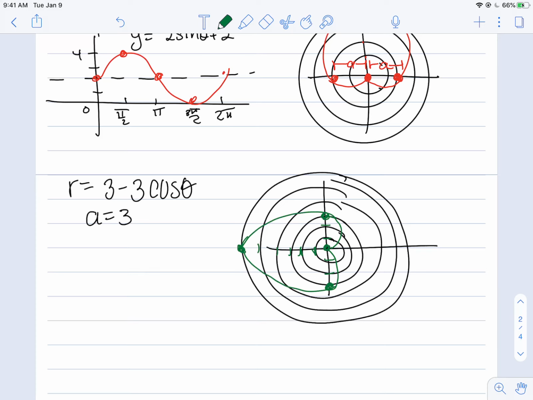Okay, so I don't really need a helper graph anymore because now I know the properties and where all these come from. It's not really heart-shaped, well, it's heart-shaped, but more like an actual human heart, really. So it's a little bit rounder. At pi over 4, it goes out a little bit more.